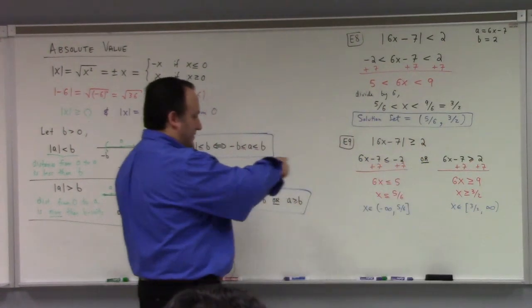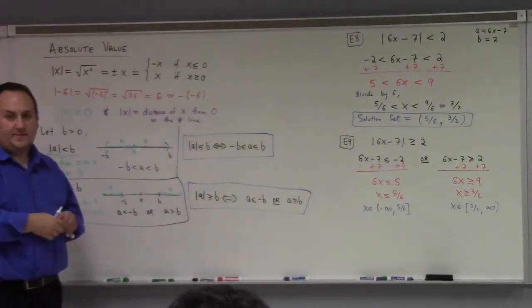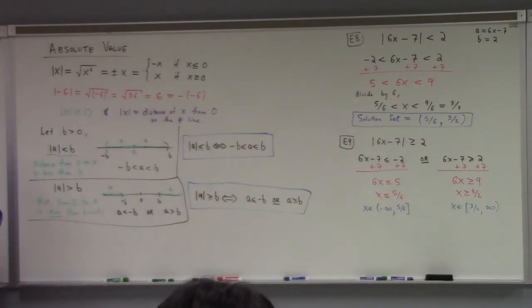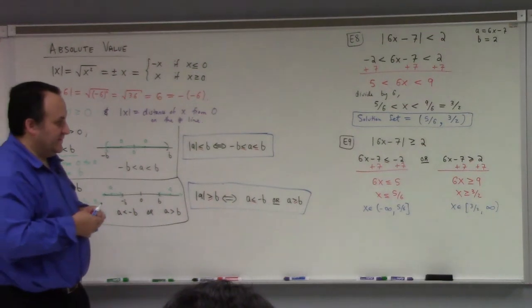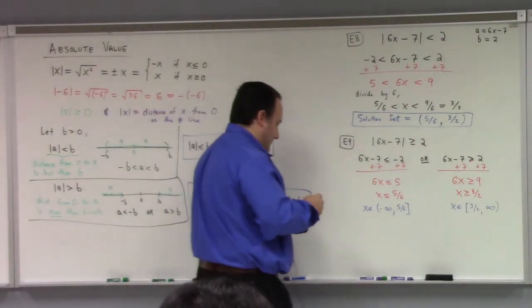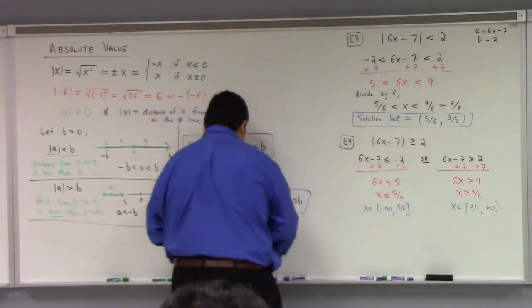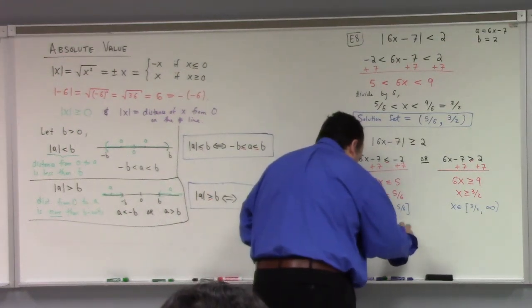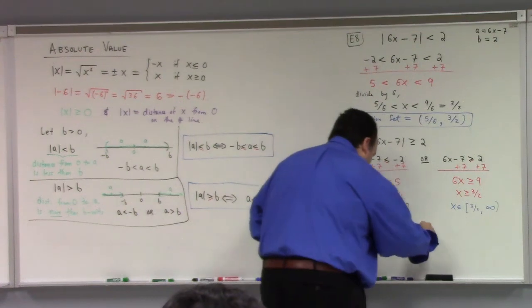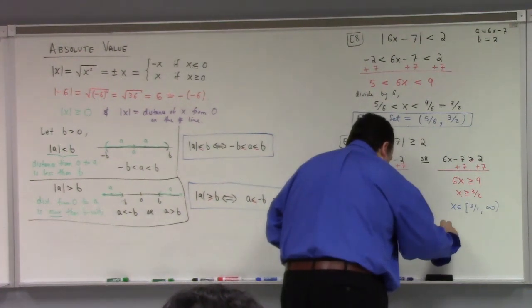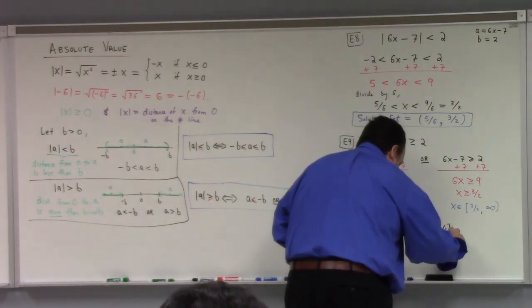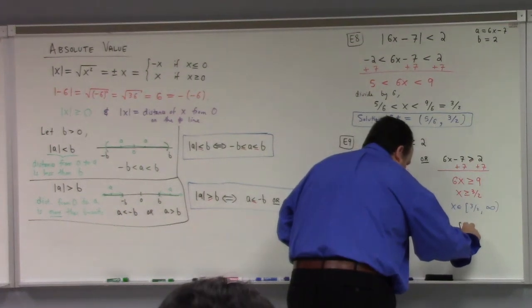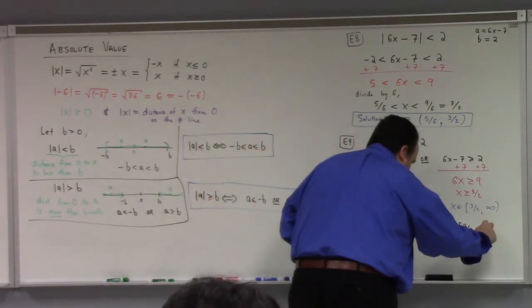You can't have x in both of those at the same time. There's a gulf between them. Never the two shall meet. So the solution set for example 9 is minus infinity to 5/6 included, union 3/2 to infinity.